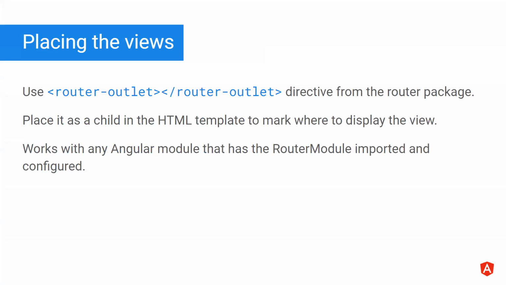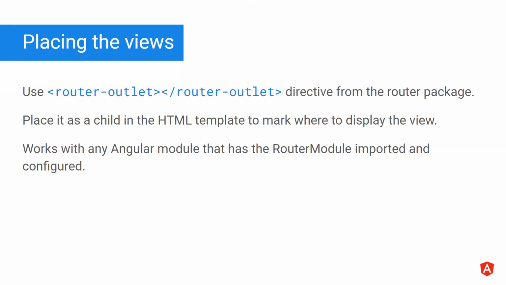You place it in the HTML template as a child to your component to mark where the view will render. This works with any Angular module that has the router module imported.